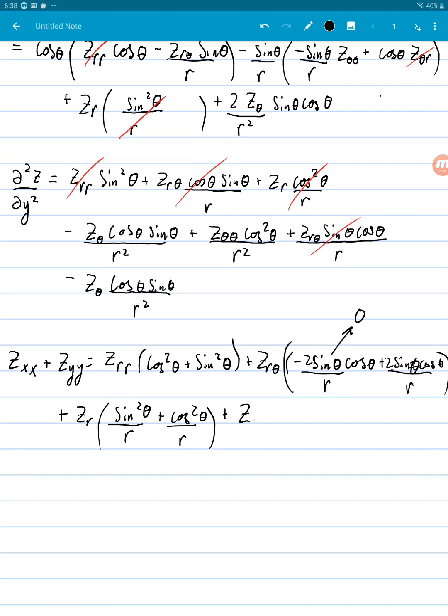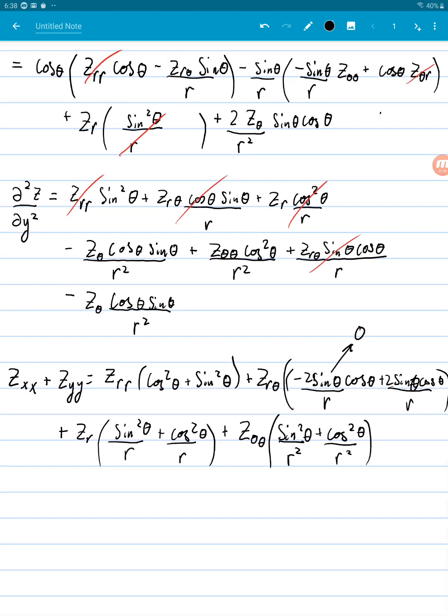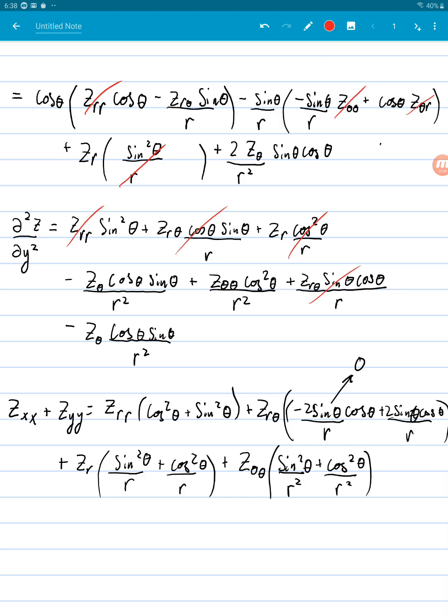Then looking at our z sub theta thetas, you'll have sine squared theta over r squared plus cos squared theta over r squared. From that term there, we have negative sine theta over r times negative sine theta over r, giving us the sine squared theta over r squared. And we have z theta theta cos squared theta over r squared there.